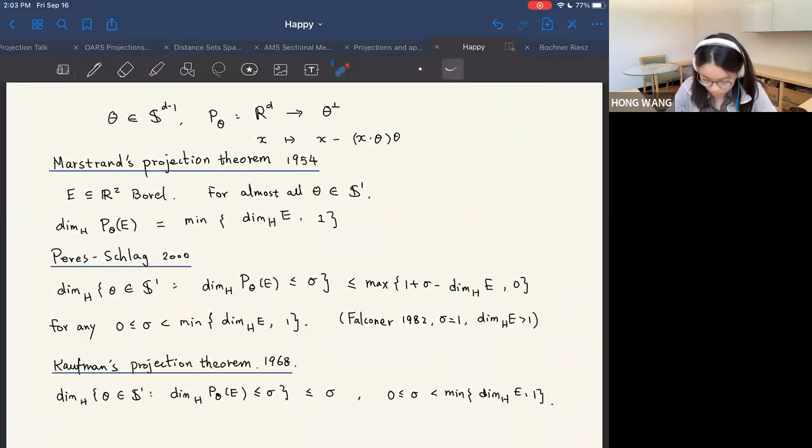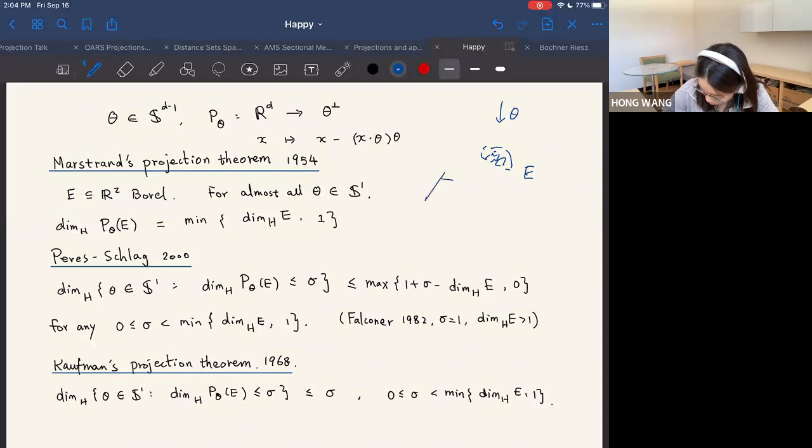So we'll start with talking about orthogonal projections. Let theta be a unit vector in Rd, and P theta is defined as the orthogonal projection from Rd to the hyperplane that's perpendicular to theta. So the picture is we have some set E, and then we are given a direction theta.